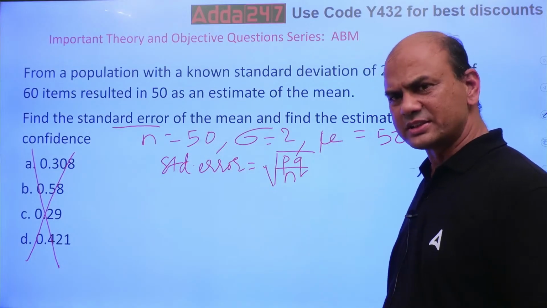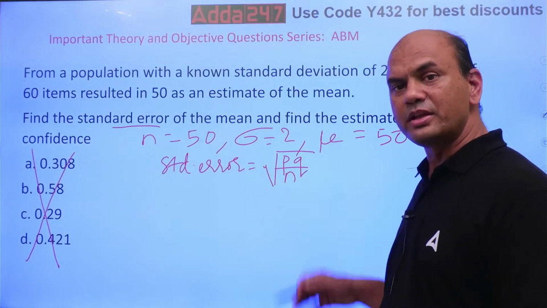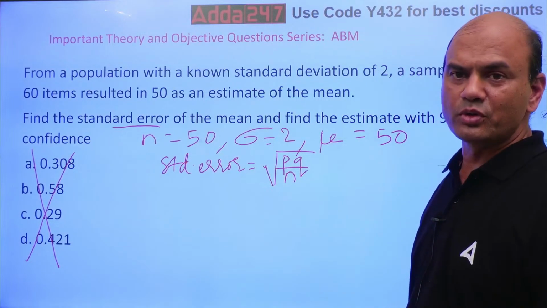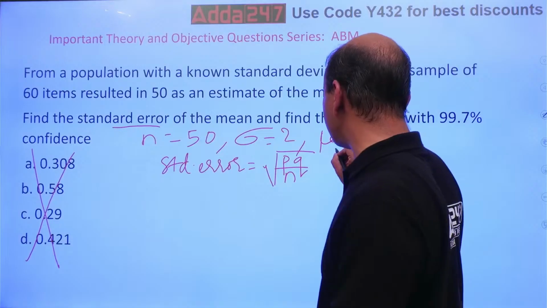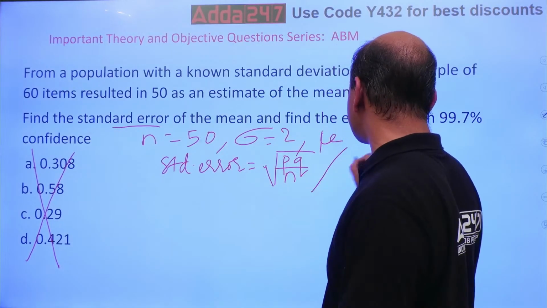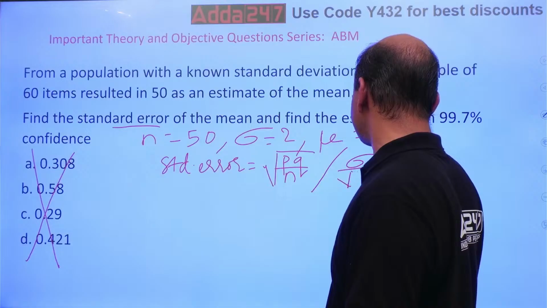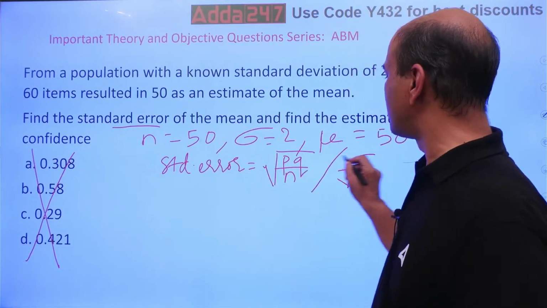Just now we did two problems. One was PQ upon N, the second one was psi upon root of N. I'll give you a choice: this or psi upon root of N. Which one will you use?